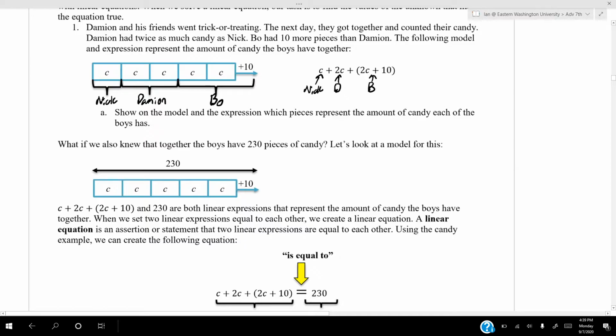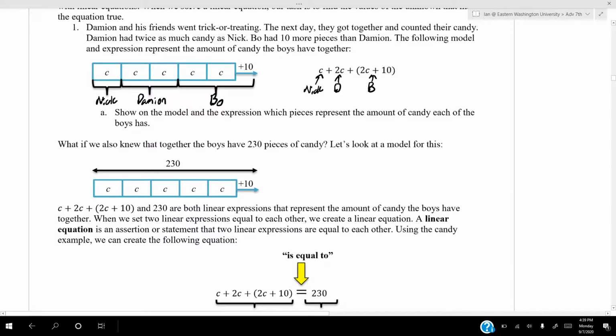The whole thing is 230, but we're still using that linear expression to model it, because we don't know what C is. So we know that these are both linear expressions that represent the amount of candy the boys have together. When we set two linear expressions equal to each other, we create a linear equation, because we now have equality.